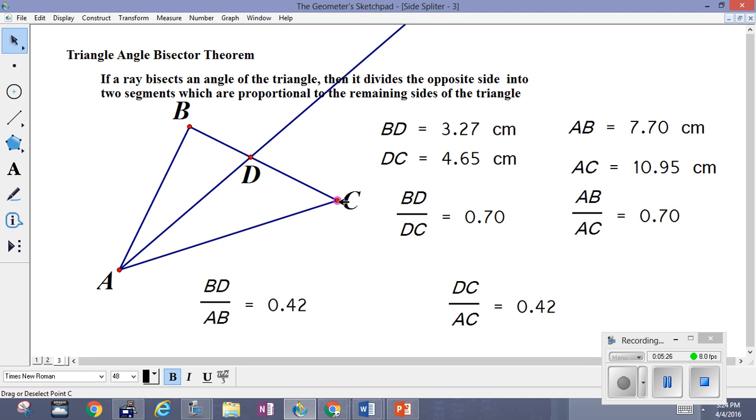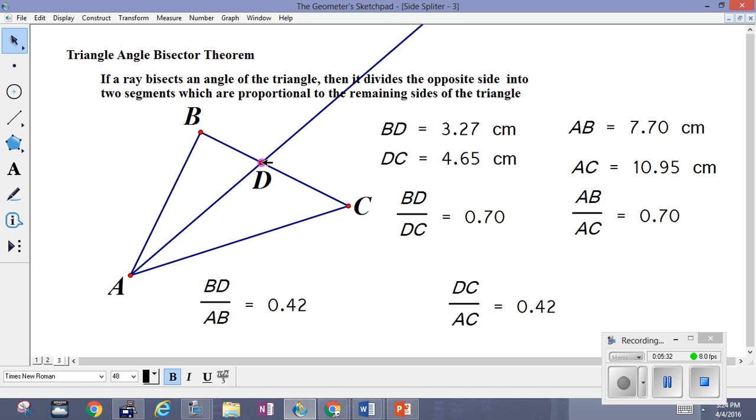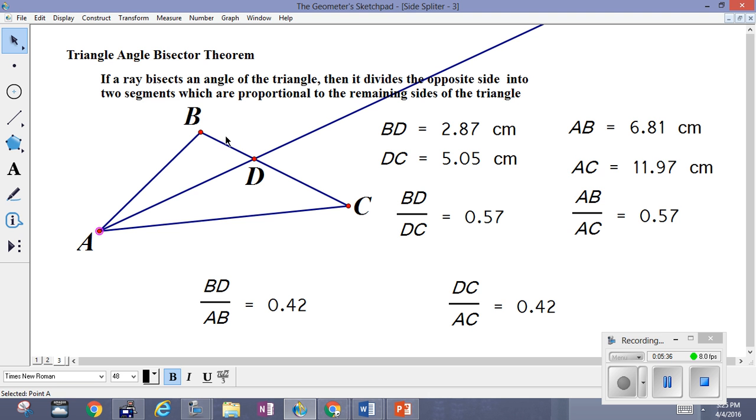Either of those ratios will do it for you. I think it might be easier just to look at it as left and right: the left piece of this triangle, BD, is to AB, and the right piece, DC, is to AC, and that is your triangle angle bisector theorem. With those you should be able to complete the exercises that I will give you.